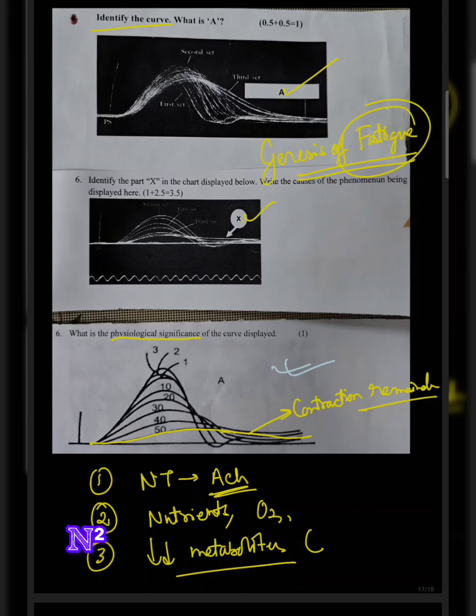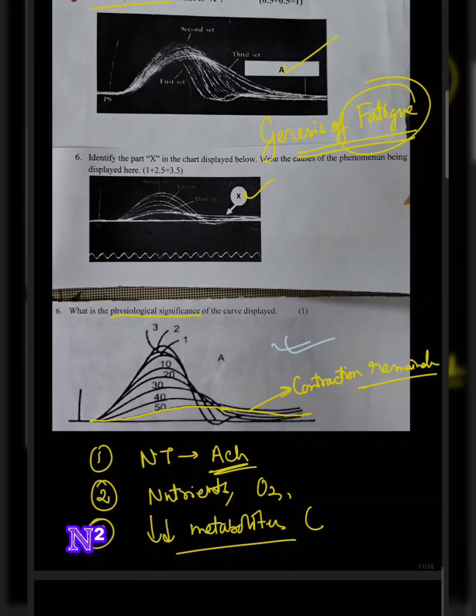So where is the fatigue achieved? I told you we are doing this experiment on a nerve muscle preparation. A nerve muscle preparation is made of the gastrocnemius muscle or the calf muscle with the sciatic nerve, and we are conducting the experiment by giving a shock to one part of the nerve.